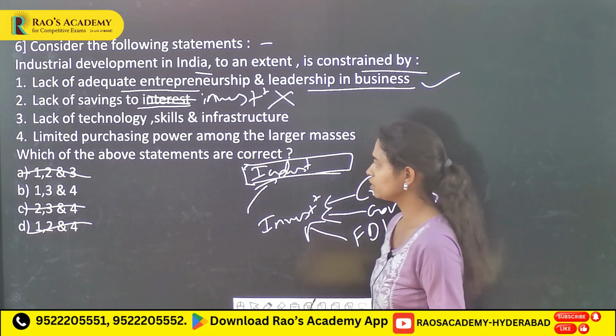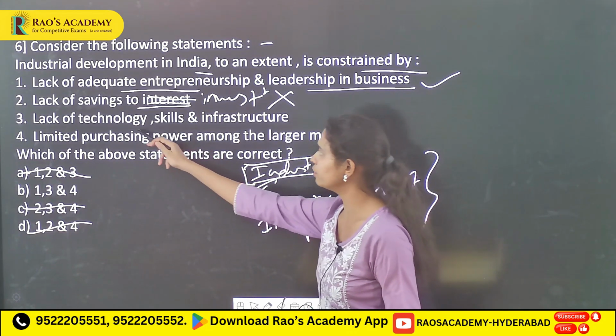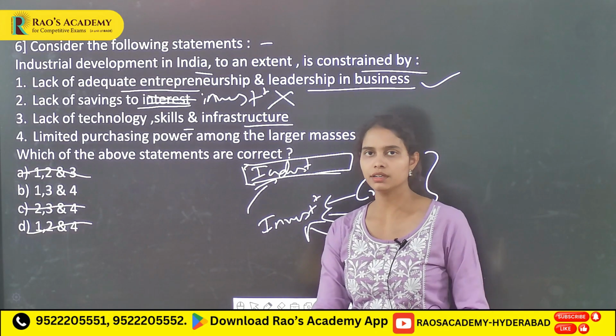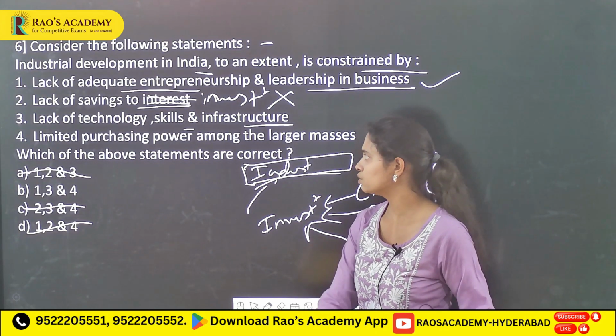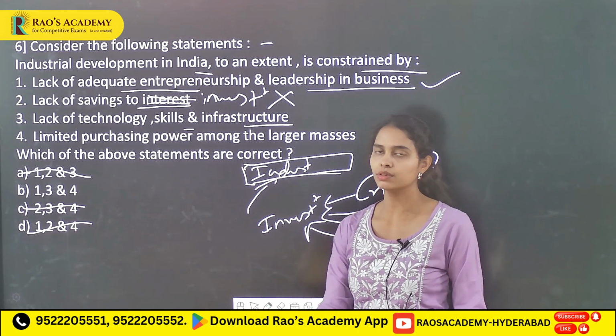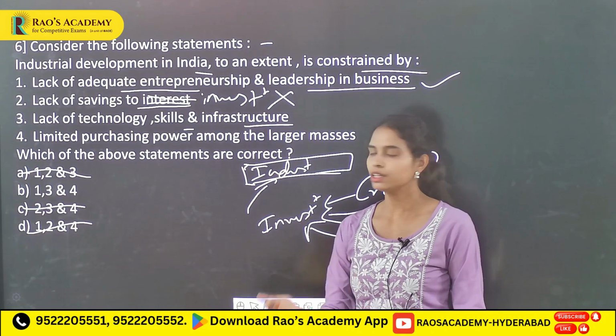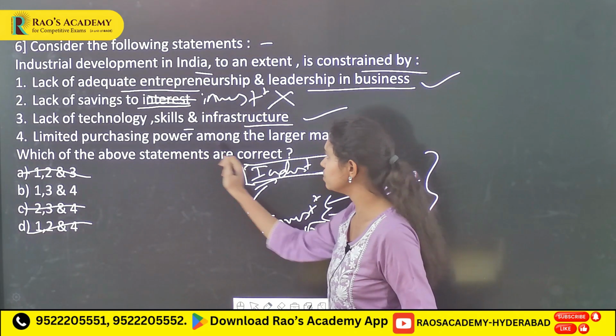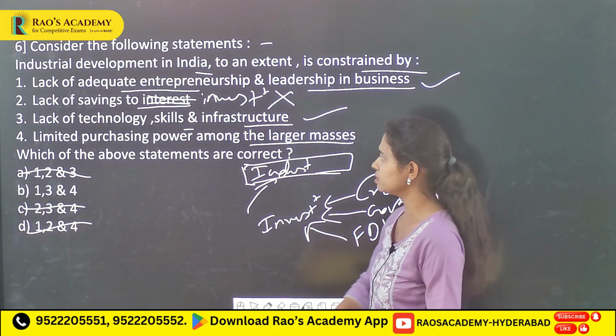then followed by lack of technology skills and again the infrastructure, because in the modern age and also in the modern industries the updated technology as well as skilled workforce are very essential in order to increase the output. So it is also a correct one, then followed by limited purchasing power among the large masses.